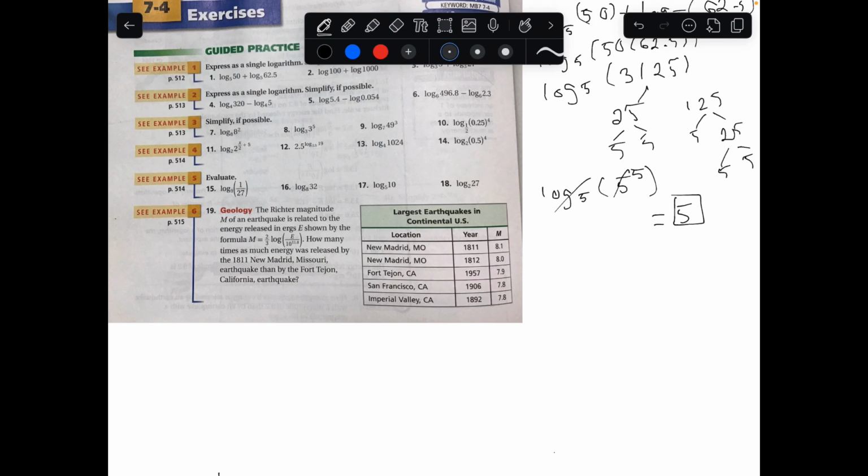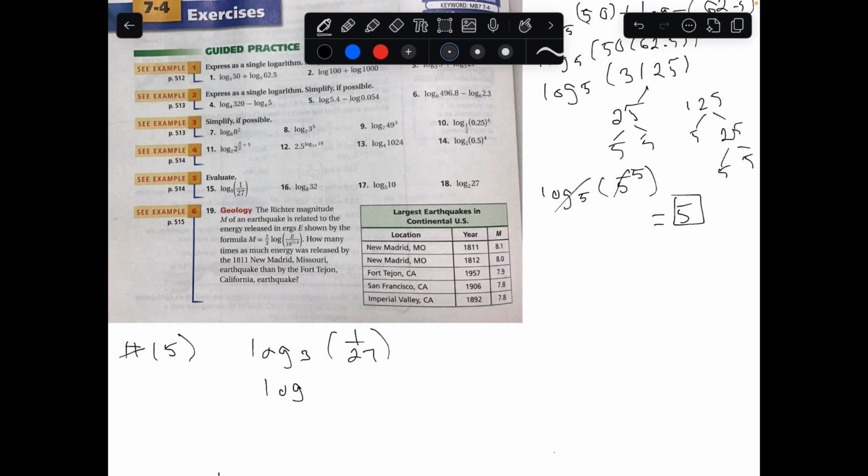So number 15. And this will be the hardest one of this set, but you'll get the idea. There again, I'm trying to get it so it has the same base with an exponent that the log has. So I have log base 3 of 1/27. Now 27 in terms of 3 is going to be 3 to the 3rd.